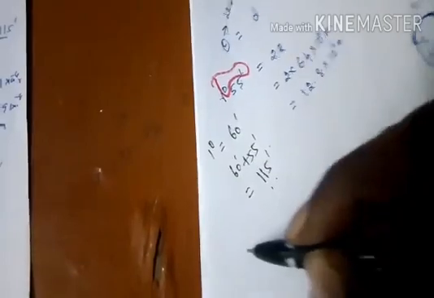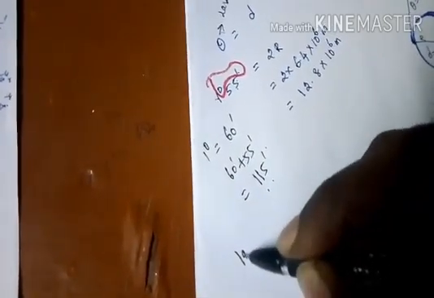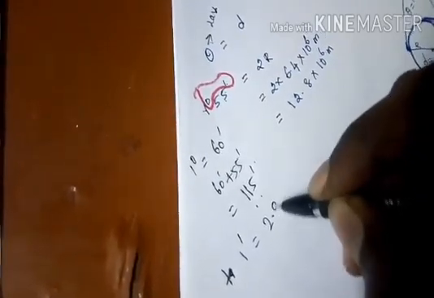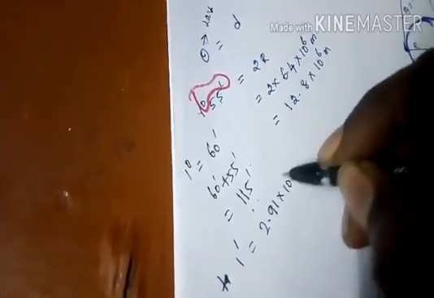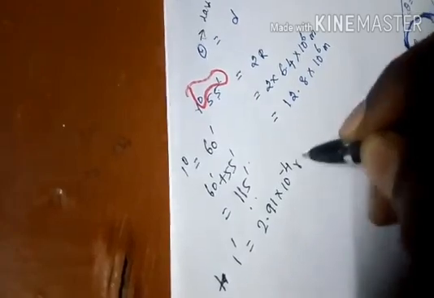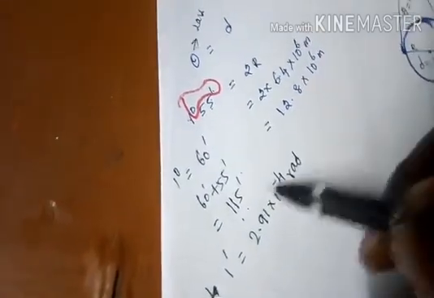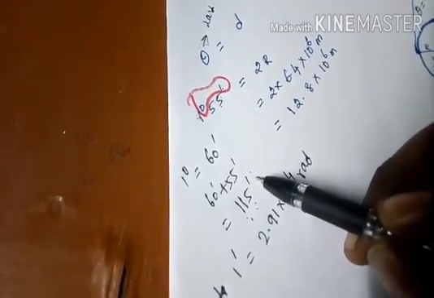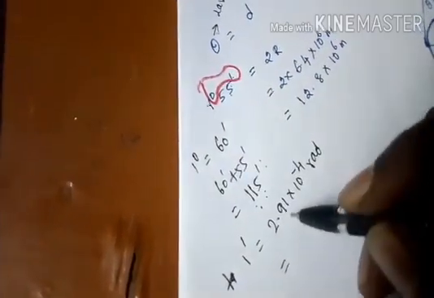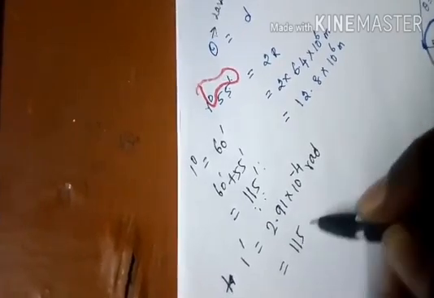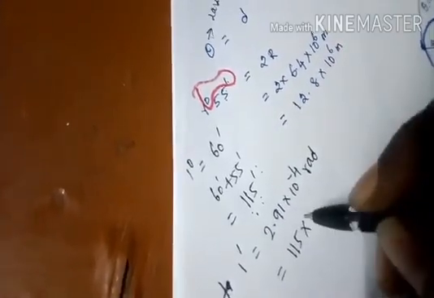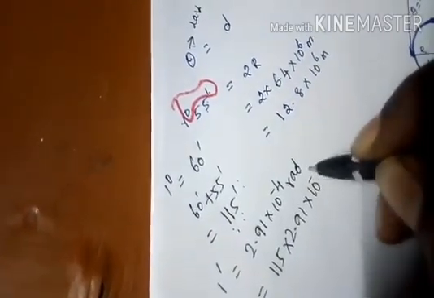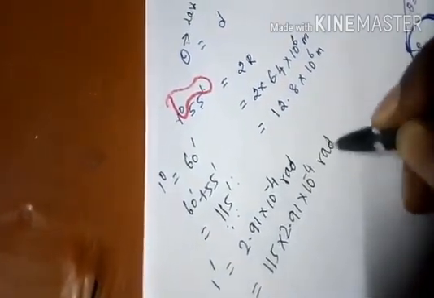Next, we will convert to the standard unit because the theta unit is radian, isn't it? So 1 minute is equal to how many radian? 2.91 into 10 power minus 4 radian. So 115 minutes, how many radian? Just multiply 115 into 2.91 into 10 power minus 4 radian.